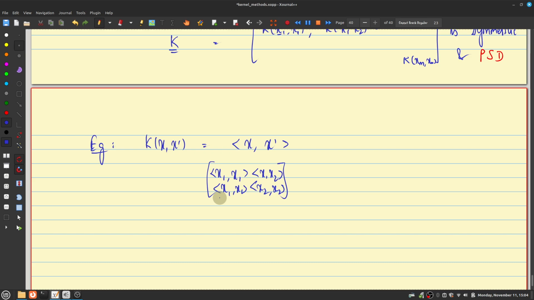And the off diagonal entries would be some a. And if we take the determinant of that, that would be 1 minus a square. So what is the determinant of this equal to?